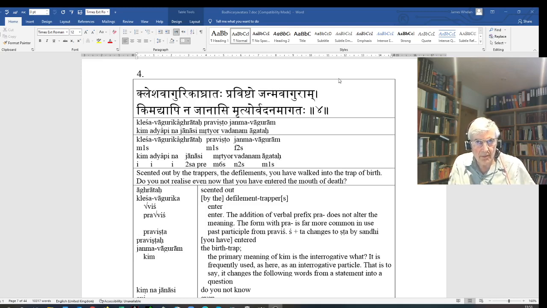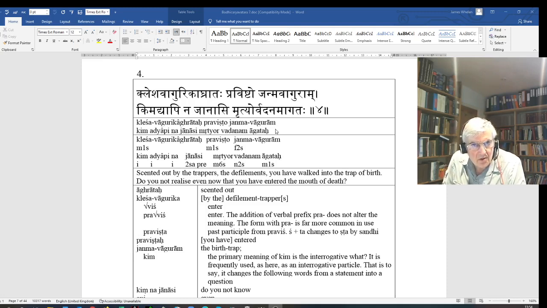So in the top box we have this verse in the Devanagari script, followed by the romanization in the standard form. This is the one most commonly used by Sanskritists and Paliists in the West, well, all over the world now.